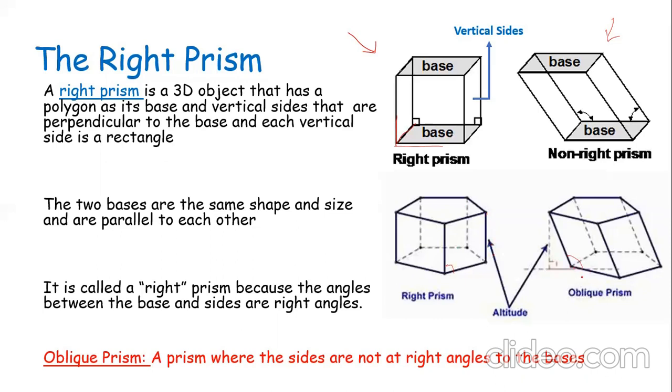However, in the case of an oblique prism, we notice that the height which we see here, this line with dashes, does not have an equal length with the vertical side here. So this is a non-right prism also. And in general, an oblique prism is a prism where the sides are not at right angles to the bases.